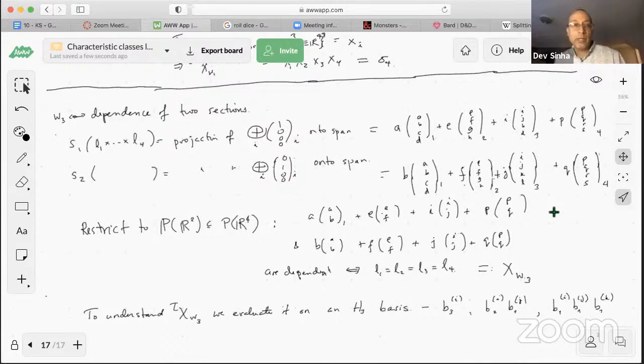So W3 is represented by the dependence of 2 sections. So what we can do is, again, we can take the S1 section is going to be plus I E1. This is going to be plus I E2.